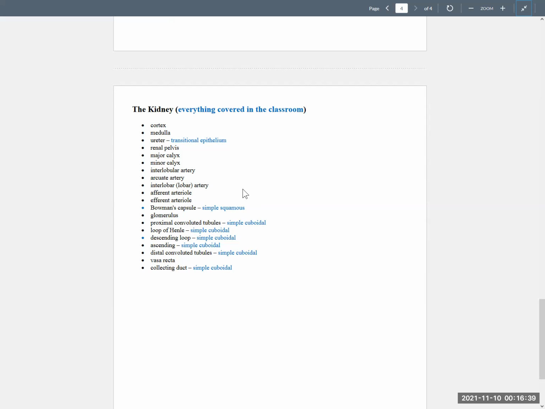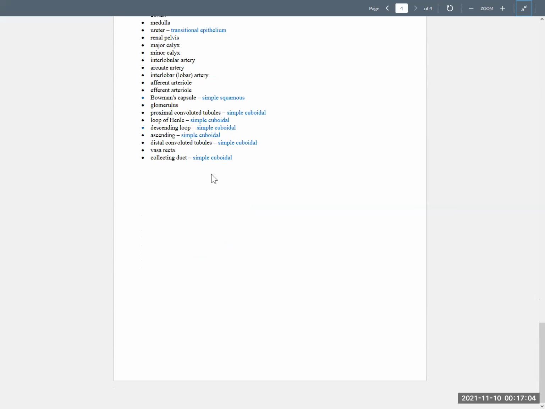Already have been tested on it, but you're going to get retested on the kidney in practicum 4. That's the practicum where we have the models of the kidney or images of the kidney, and you'll be asked to name all the various parts. You did get some of that, of course, in a lecture test, but you're going to get it again.